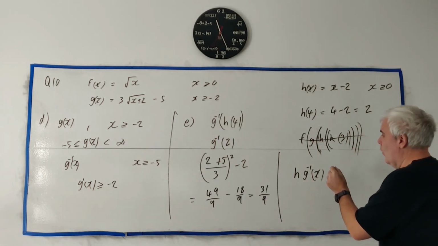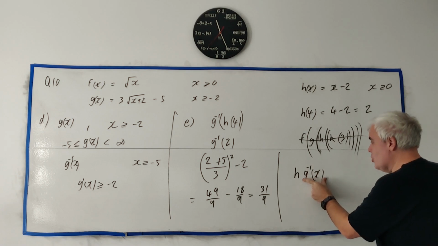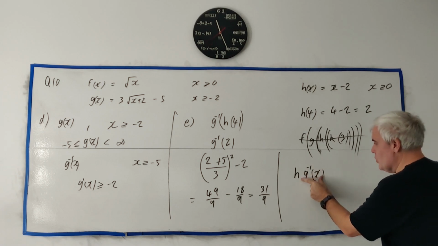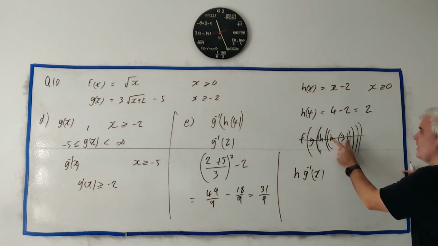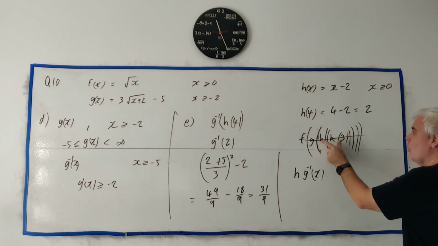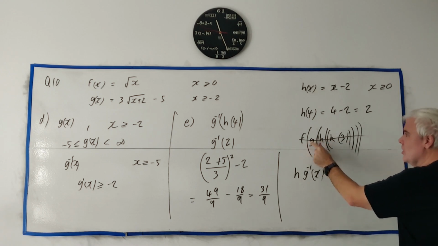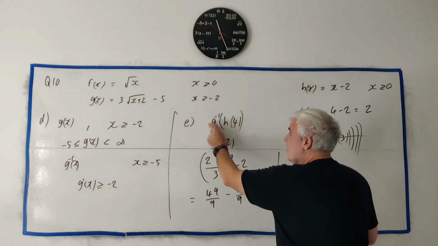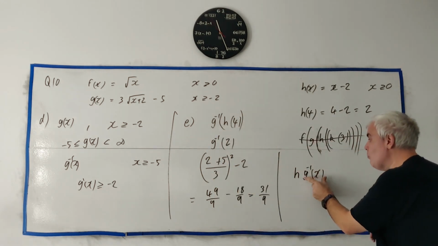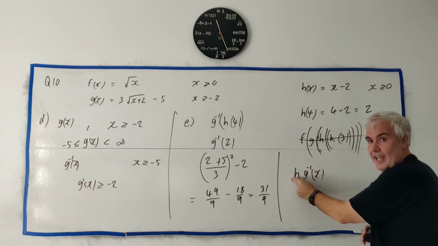What comes out of the inverse of g is what goes into h. And to go back to my example here, what came out of the k went into the h. What came out of the h went into the g. What came out of the g went into the f. What came out of the inverse g goes into the h.